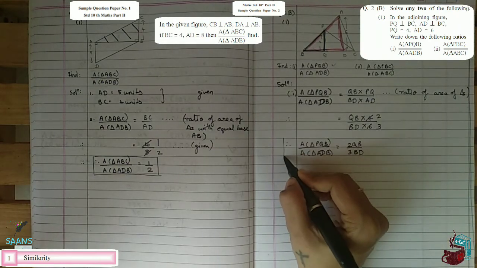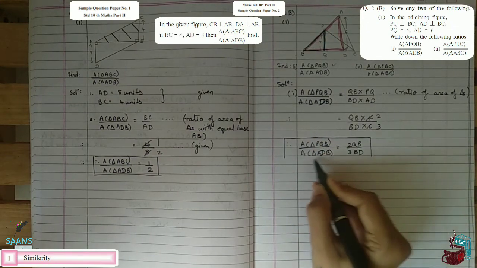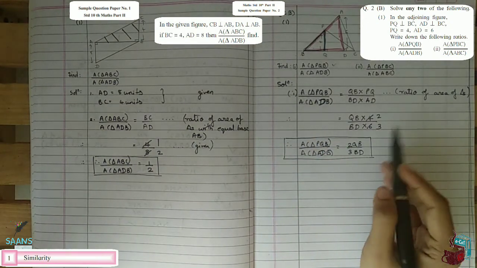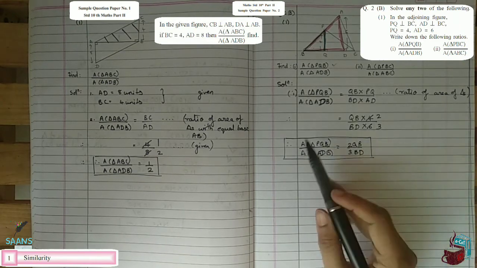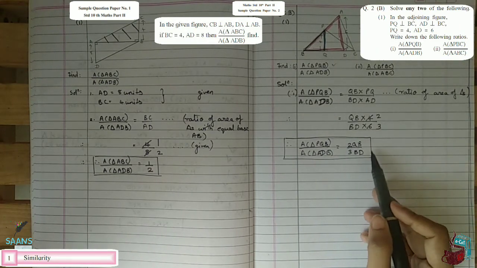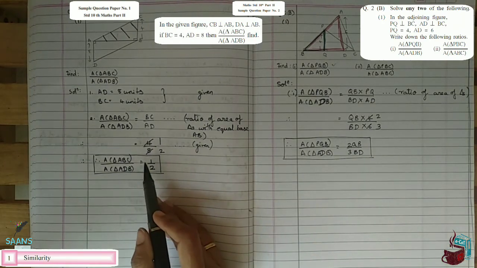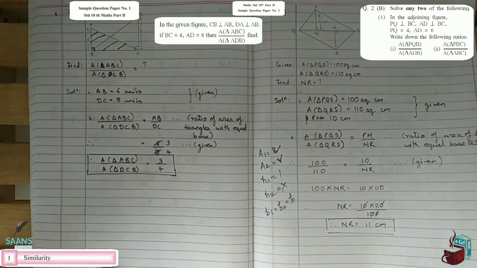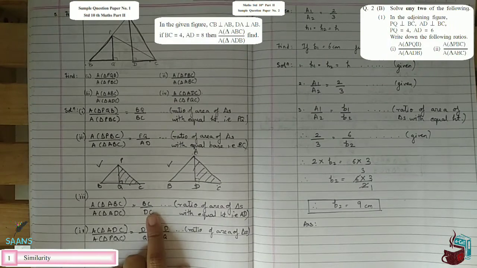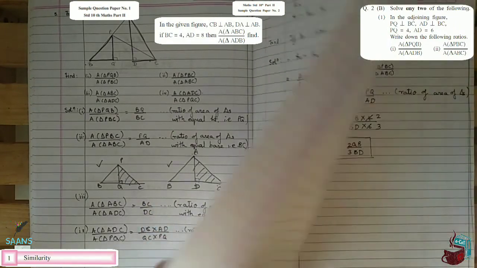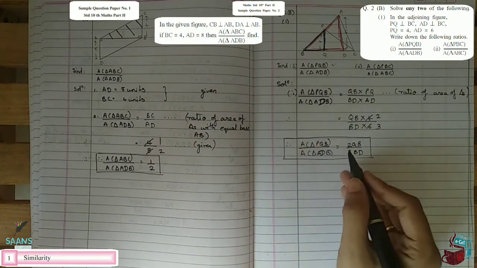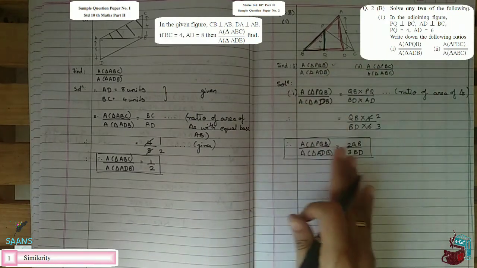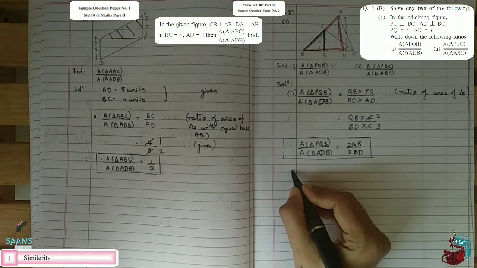So see, everything is not getting cancelled, 2 times QB, 3 times BD. It's okay, just do the sum. Answers can be like this too, it's not necessary that you always get a ratio of numbers. This is just to confuse you, then you might get scared. Don't cancel the sum, just keep it as it is and do the sum.